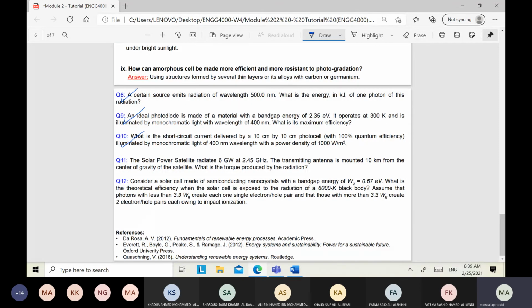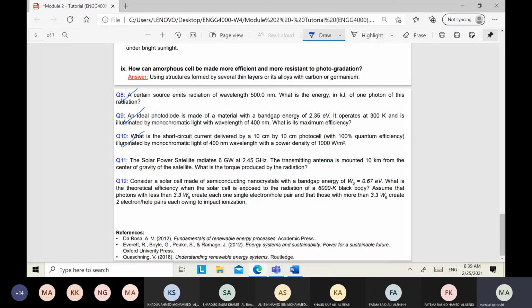Question number 11. The solar power satellite radiates 6 gigawatt. Which quantity is this, energy, temperature, voltage? Watt is for power, so it should be power. Energy is in joule.